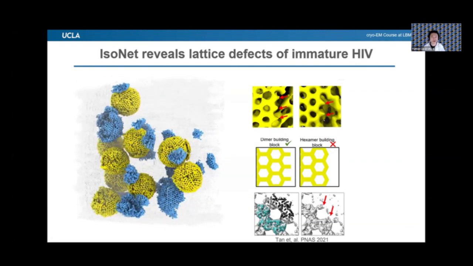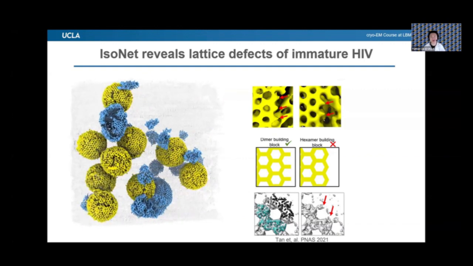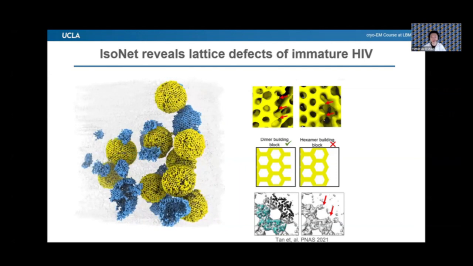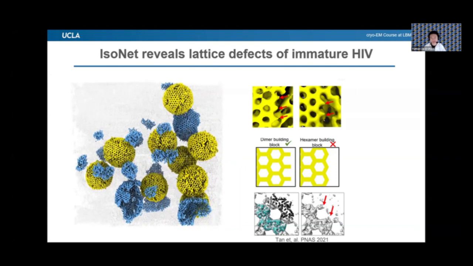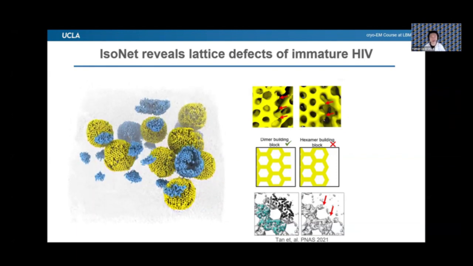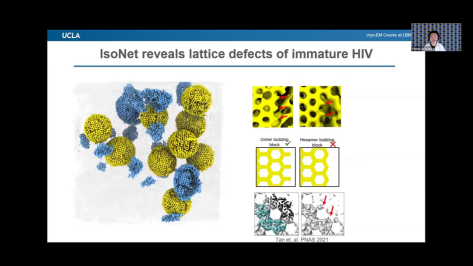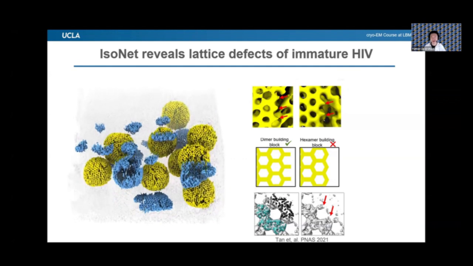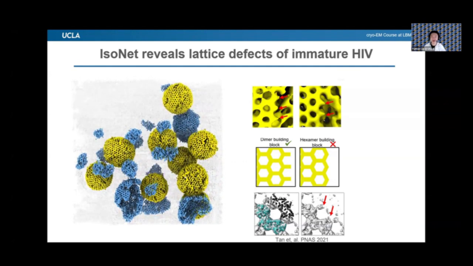Typically people don't directly show the 3D cryo-EM density, because the z-axis will be artifact. But after isoNet, you can directly show the 3D. This is without any cryo-EM density modification. This just shows the raw density after the correction.